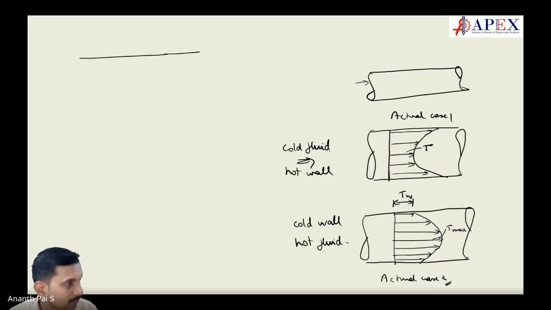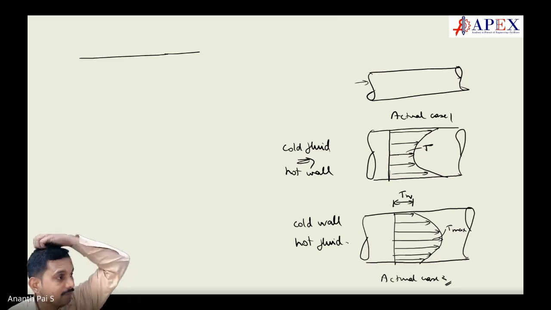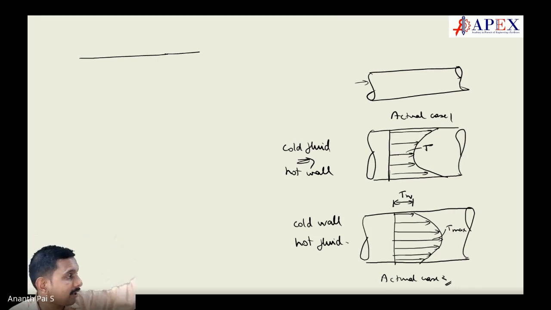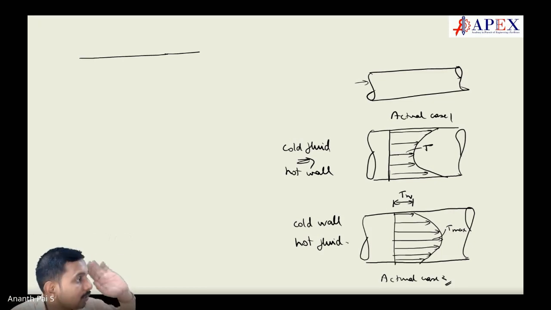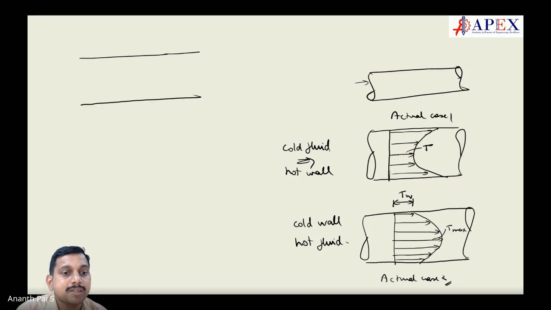But now, see, just like in average velocity, when the actual velocity is parabolic, you consider average velocity. Similar to that, you consider average temperature. So you may have an average temperature. This is idealized.